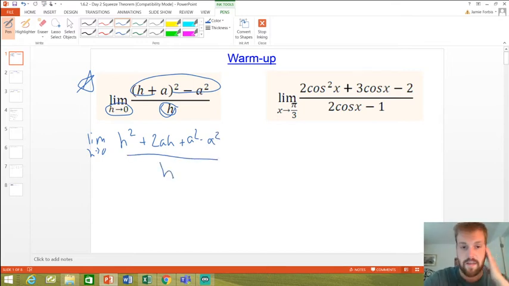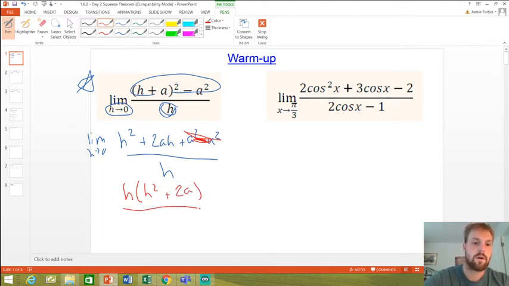All I did was FOIL the top out, and now I'm going to combine like terms. I noticed that the a squared terms go away, and when they go away, I can take out a GCF of h on top. So I got h times (h plus 2a) all over h.